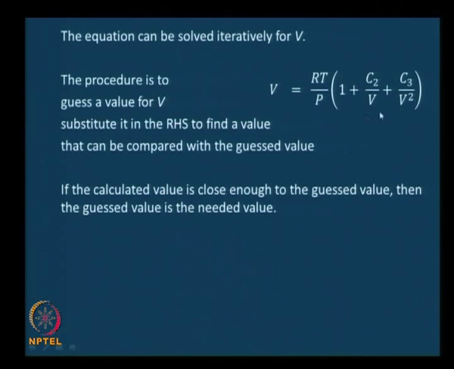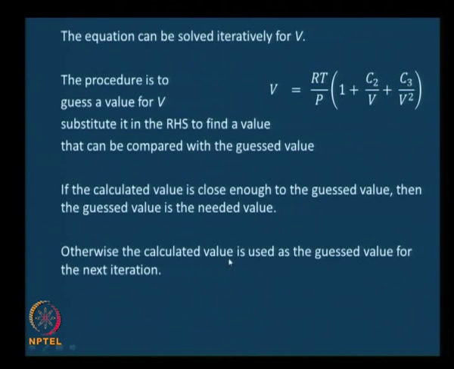If the calculated value, the right hand side, is close enough, the operative term here is close enough, you might be working with 10 power minus 3 and so on, then the guessed value is the needed value.